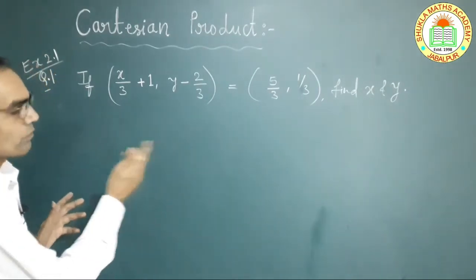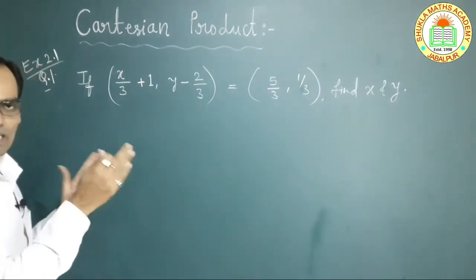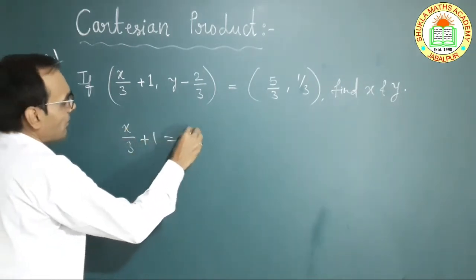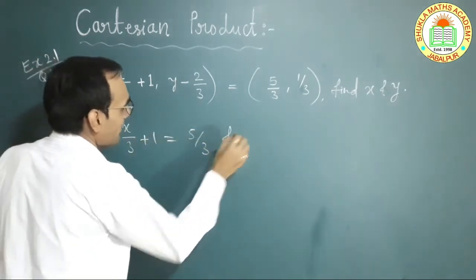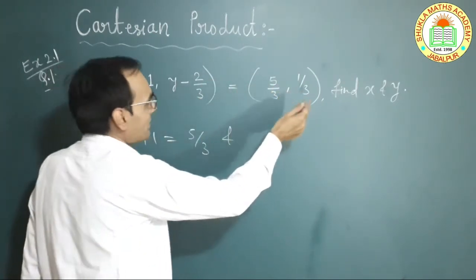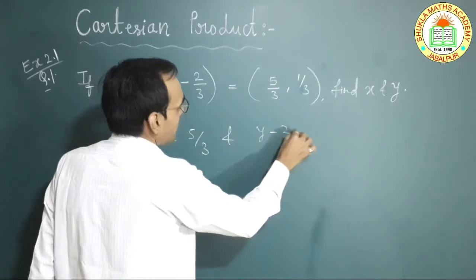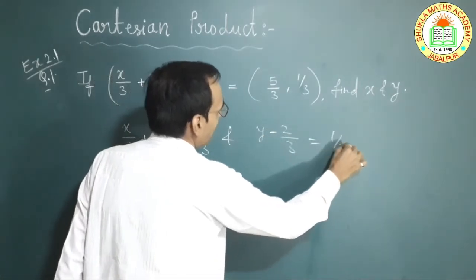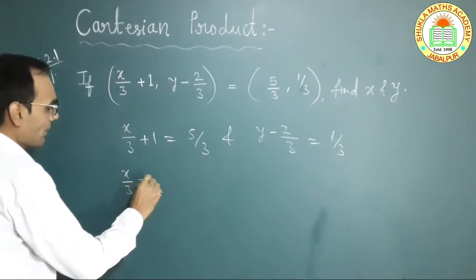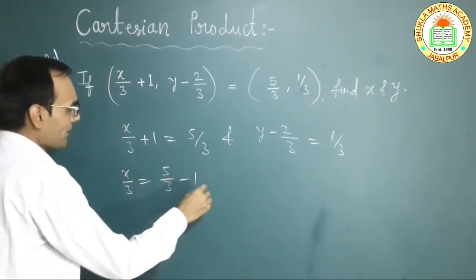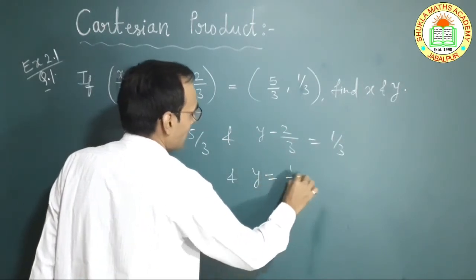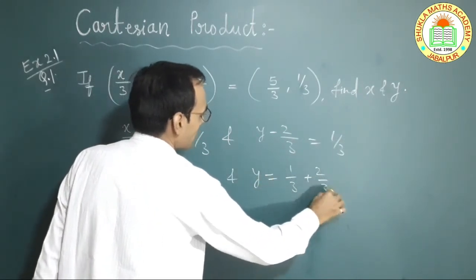Now equating the corresponding first and second elements on both sides, we get x/3 + 1 equal to 5/3, and the second element equal to the second element of the right-hand side ordered pair, so y - 2/3 equal to 1/3. On simplification we get x/3 equal to 5/3 - 1, and here y becomes 1/3 + 2/3.